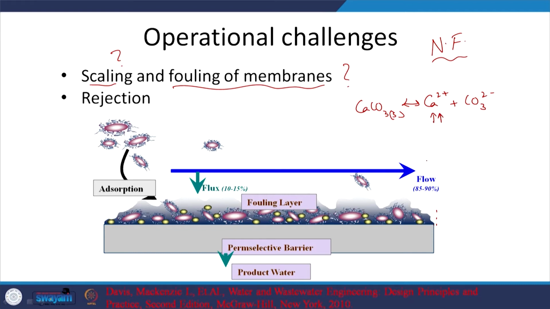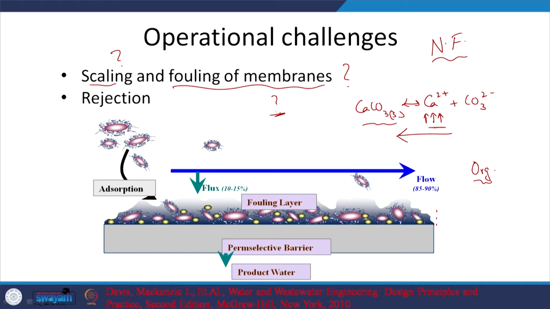For this particular reaction, the concentration is relatively high, at least for these products, so the backward reaction will be feasible and you can have precipitation on the membrane. That can lead to scaling of your membrane. And for fouling, you will have organic matter, typically natural organic matter, which can be adsorbed onto the membrane surface, and that will lead to fouling of the membrane.